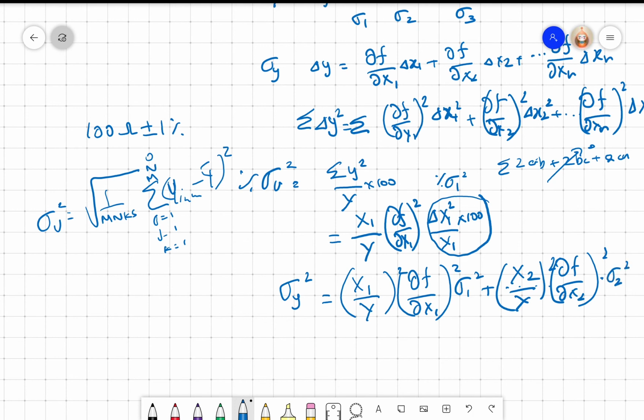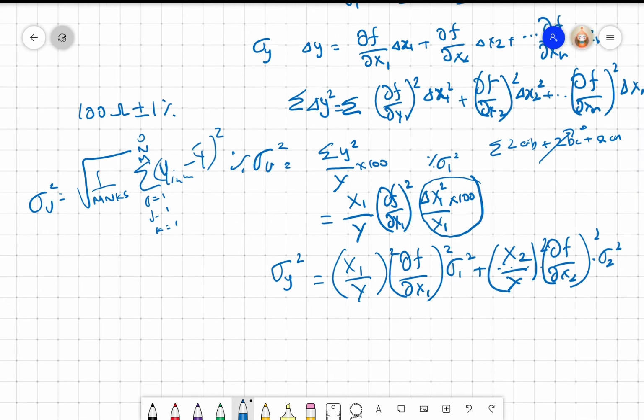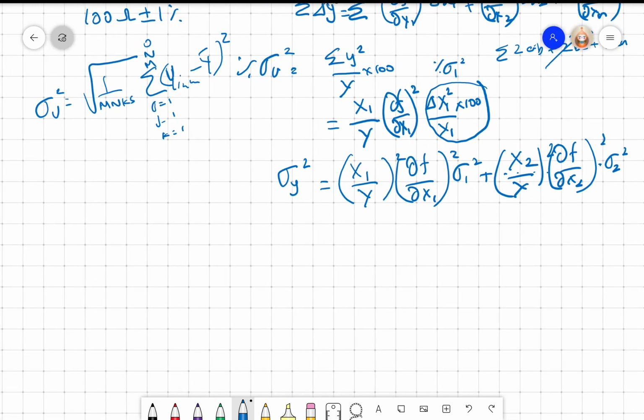So we can write this way for any function, right? We can get the propagation of random errors too. Okay.